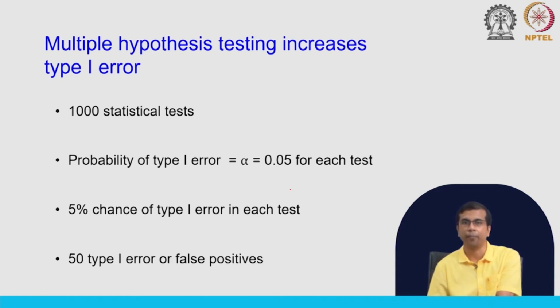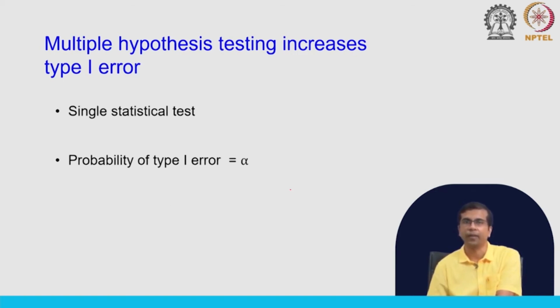But since we are doing 1000 statistical tests, given this 5% chance, we will expect about 50 type 1 errors or false positives. So, you can see that the threshold we applied for a single statistical test will not be able to contain this when you do 1000 statistical tests. We will have a lot more error, false positive calls.